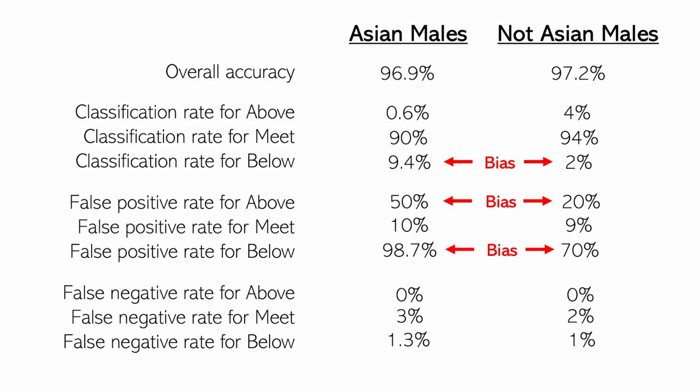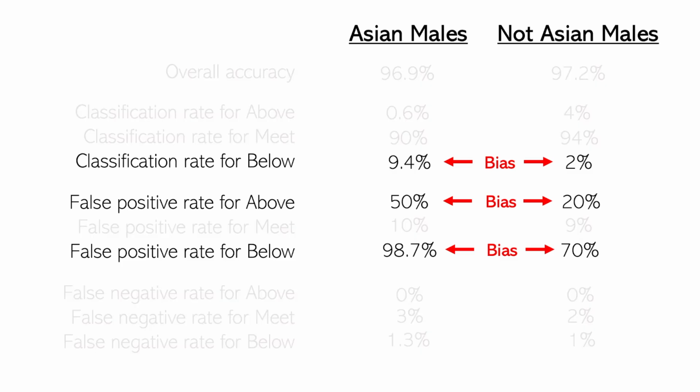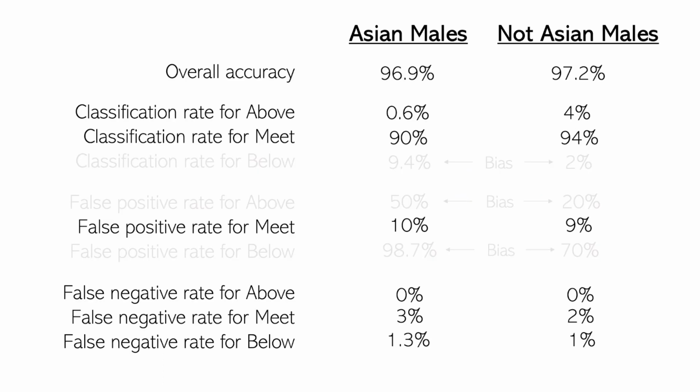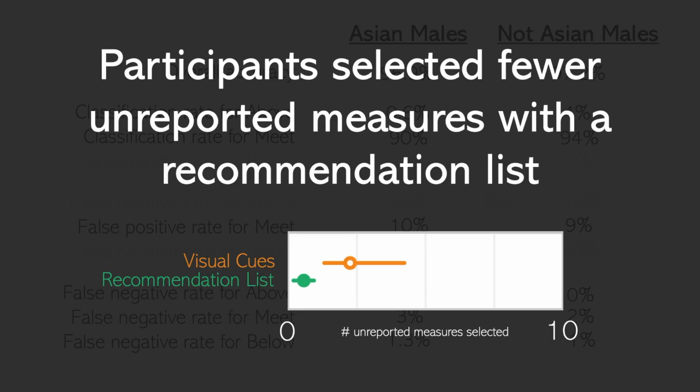So there are basically two types of performance measures that I have been describing. The ones that were automatically reported by an algorithm to indicate biases, and the ones that were not reported.